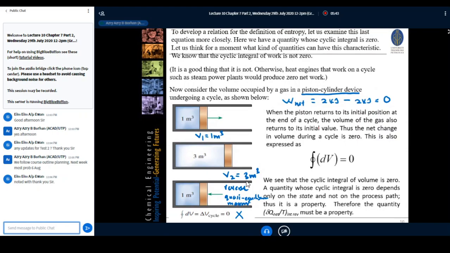Now, if we try to relate it with some other property, for example change in volume: when you expand and then compress to revert back to its initial state, the resultant delta V will give you zero. So again, you cannot have delta V applied in this particular new definition. So what happened during that time?